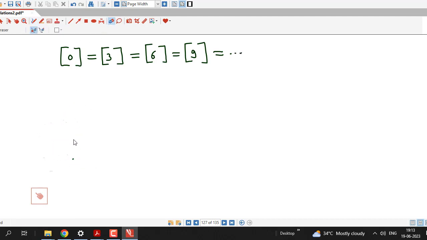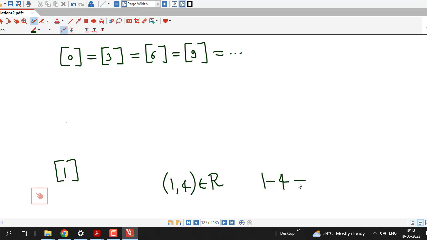Similarly, if I consider the ordered pair 1 comma 4, then this is an element of the given relation, because 1 minus 4 is nothing but minus 3, and this is divisible by 3. We can write minus 3 as minus 1 into 3.